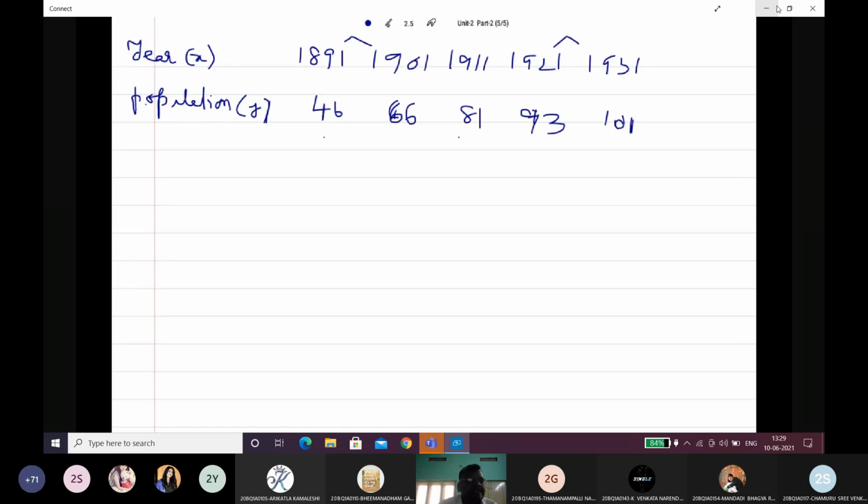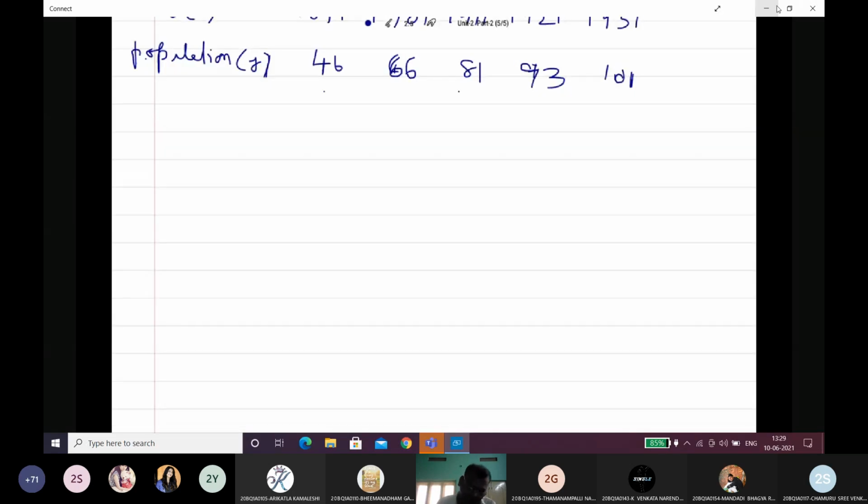Therefore, for the beginning value we use Newton's forward interpolation formula, and for the ending value we use Newton's backward interpolation formula.